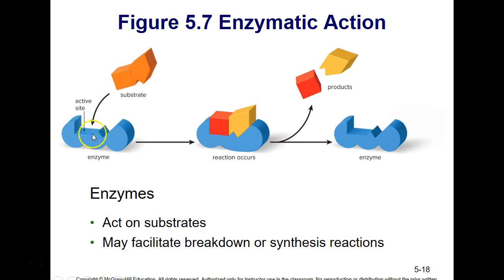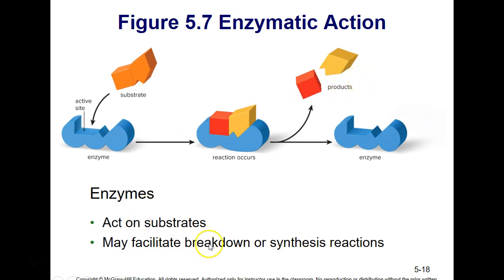So the substrate binds to the active site here, and then you're going to have a chemical reaction that's going to occur. So enzymes, remember, are receptor proteins, and they're responsible for breaking down chemical messengers and things of that sort. So what's going to happen is it's going to break the substrate down right here, and it's going to create two products.